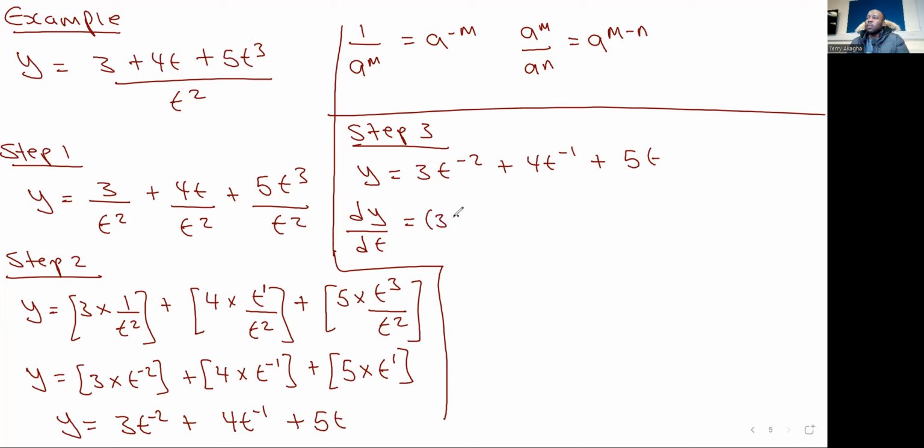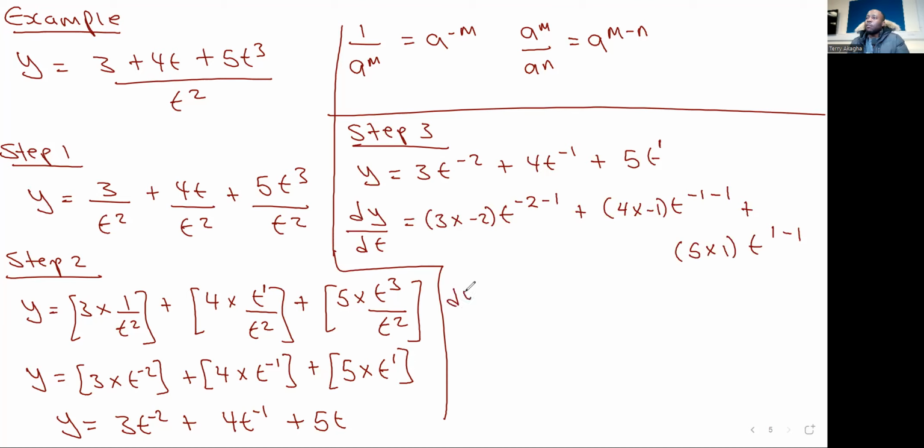So it'll be 3 multiplied by minus 2, then t to the power minus 2 minus 1, plus the same thing, 4 multiplied by minus 1, then t to the power minus 1 minus 1, plus. Remember, if there's nothing here, that means there's a 1 here, so it's going to become 5 multiplied by 1, t to the power 1 minus 1.